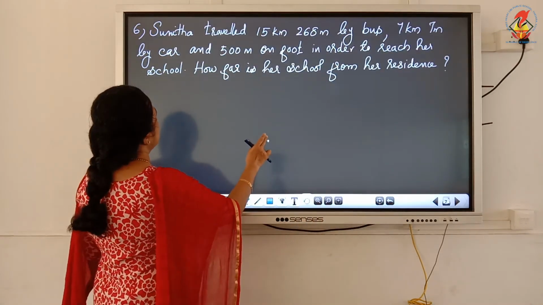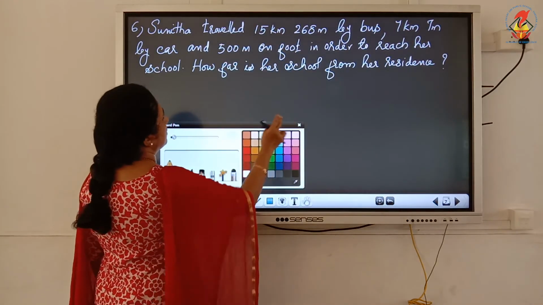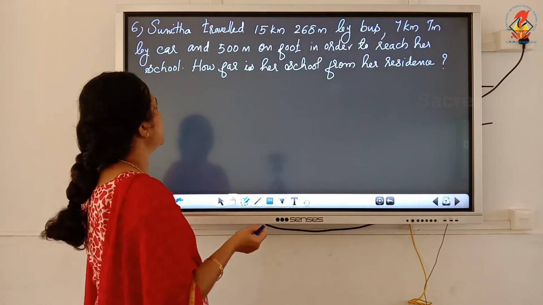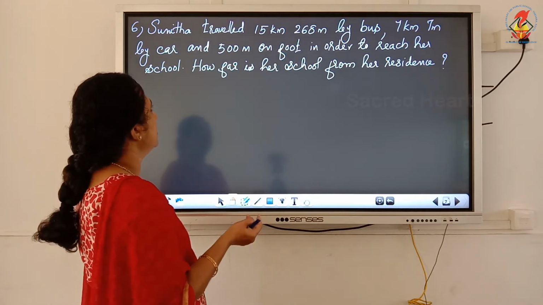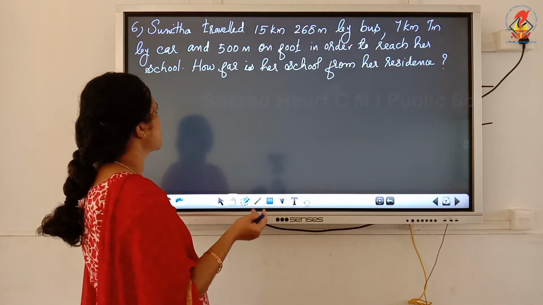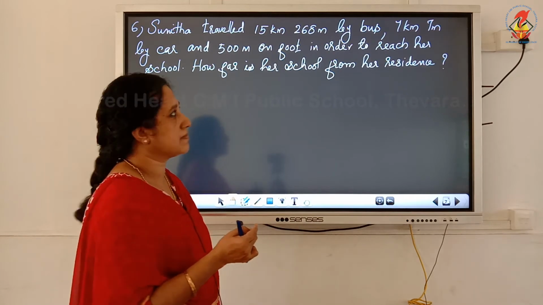Now next question. Sunita travelled 15 kilometer 268 meter by bus, 7 kilometer 7 meter by car and 500 meter on foot in order to reach her school. How far is her school from her residence?